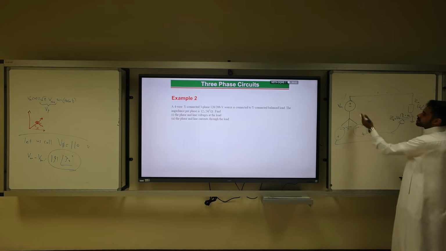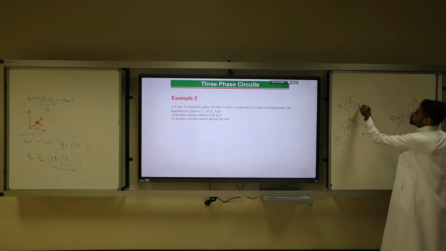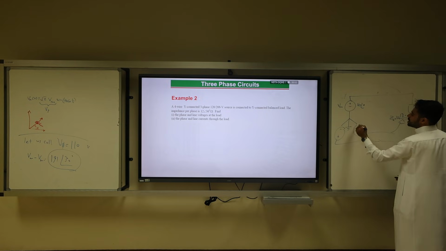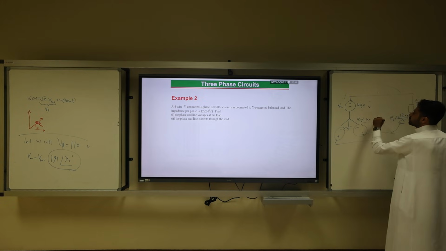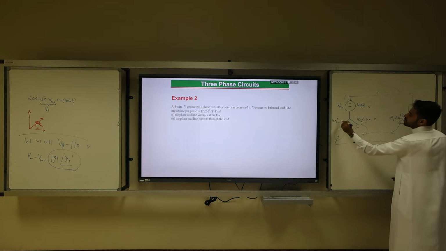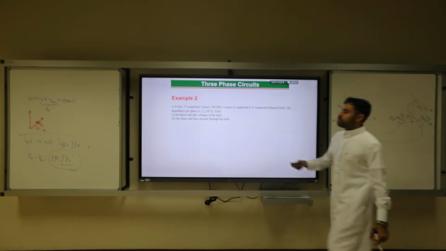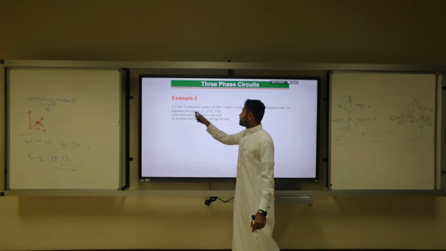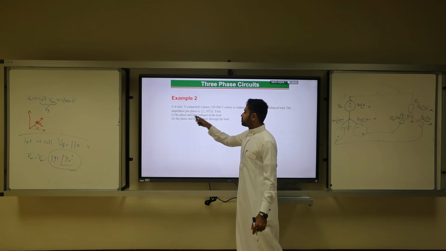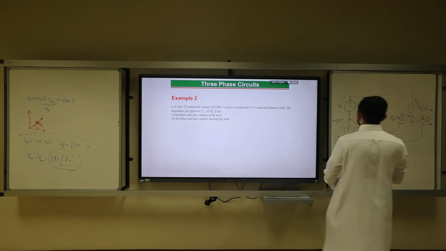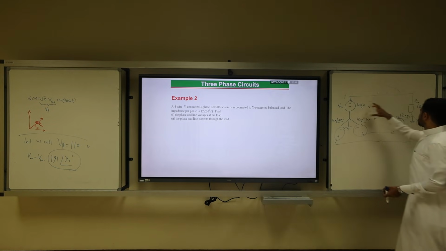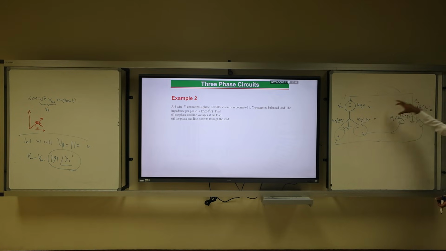This is Y. So we use 120. What is this? VBN is 120 volts. So I can now calculate the phase voltages at the load, because the phase voltage here is the same, 120.